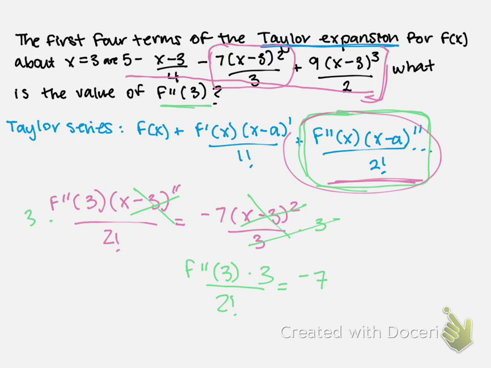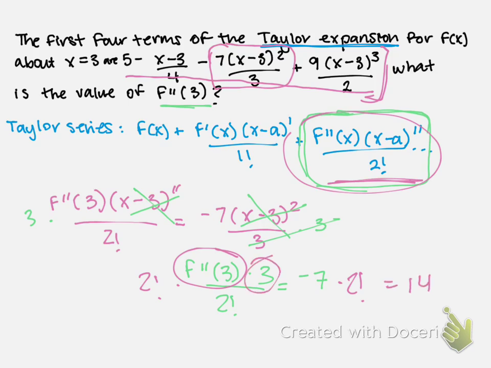And what we have to do is get f double prime of 3 by itself. So we can simply multiply by 2 factorial on both sides. So 2 factorial is simply just 2, so 7 times 2 is equal to 14.